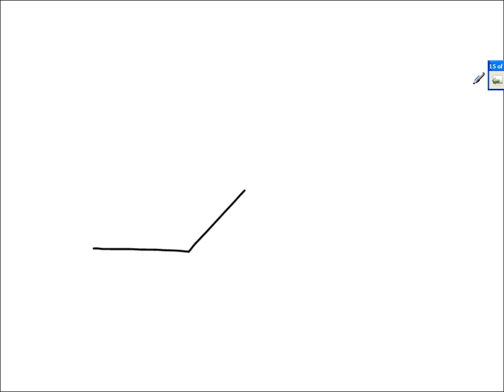If you have this triangle, you could go parallel to this line, and then parallel to the bottom one, and there's your parallelogram.